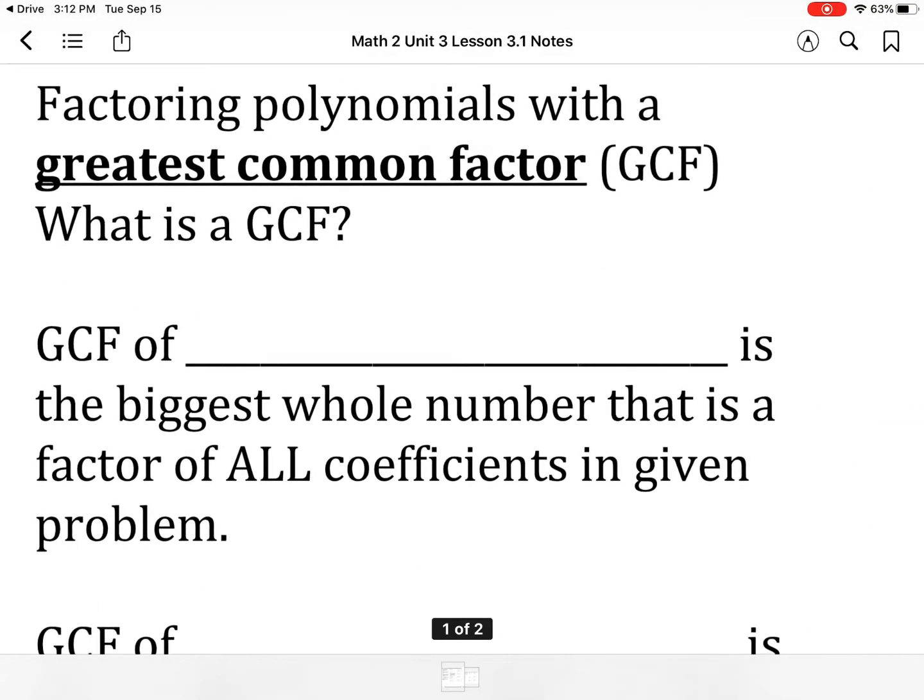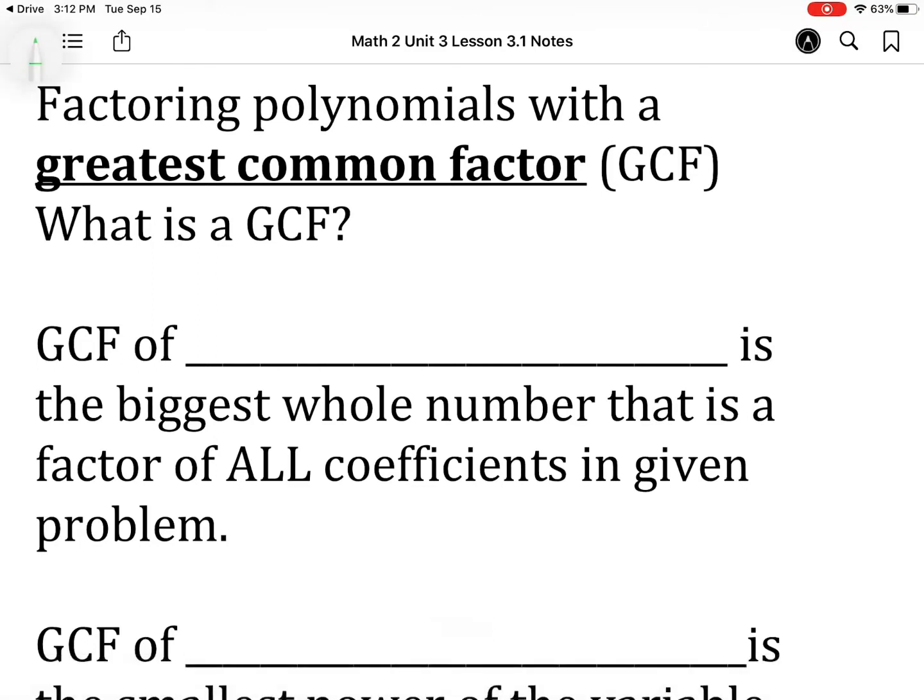So, factoring polynomials with a greatest common factor, or GCF. What is a GCF? GCF of a coefficient is the biggest whole number that is a factor of all coefficients in a given problem.